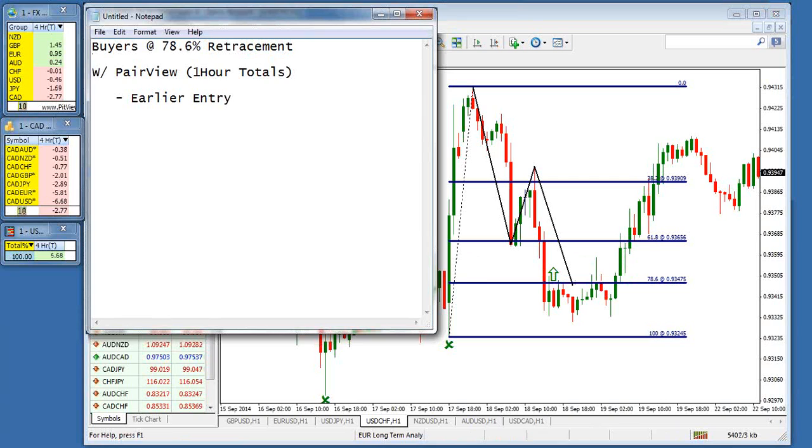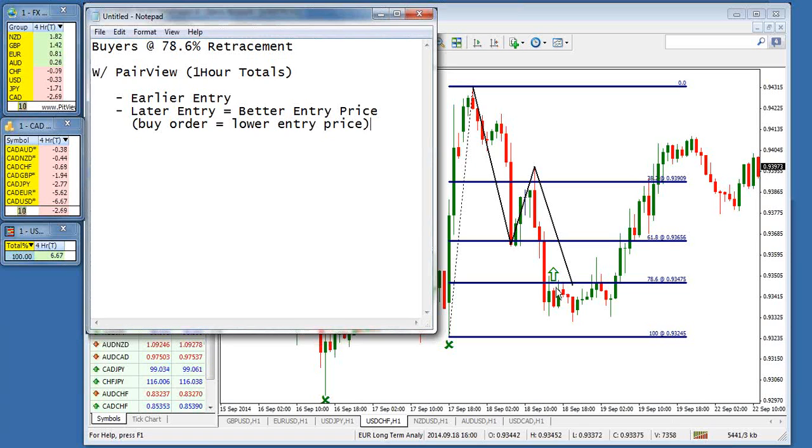But it can also get you a later entry, which would equate to a better entry price, if you will. In the case of a buy order, which this is, it would equate to a lower entry price.